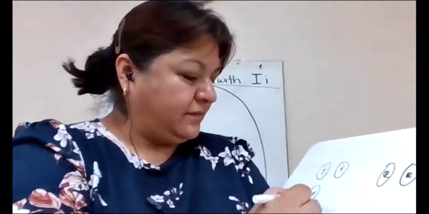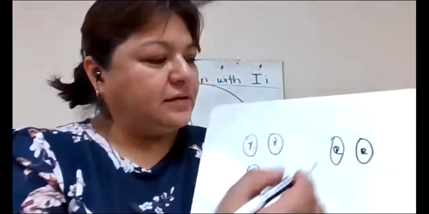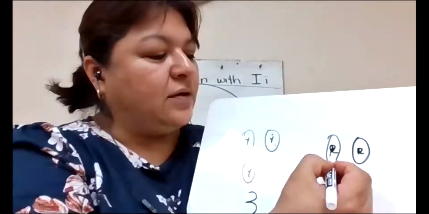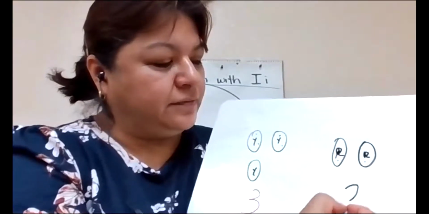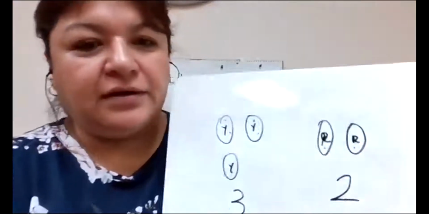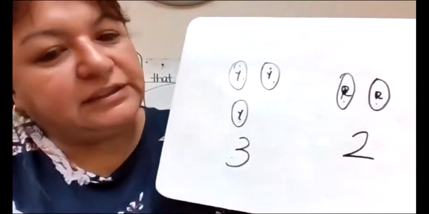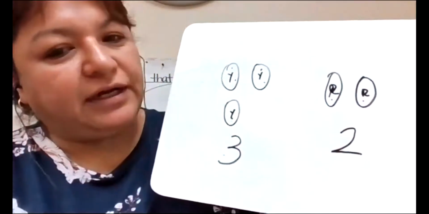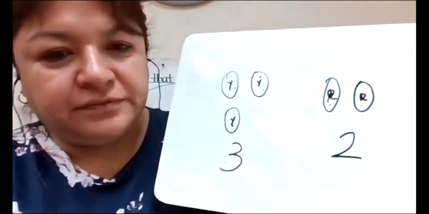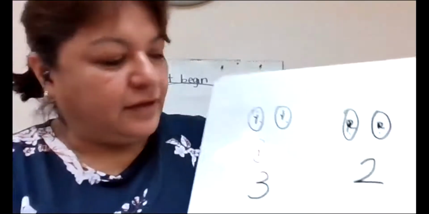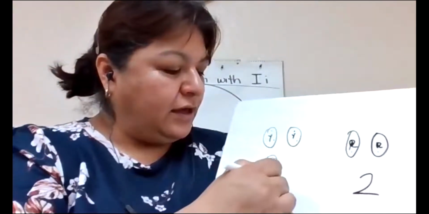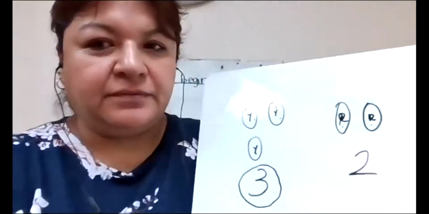So it's 1, 2, 3. Okay. I'm gonna count the red ones. 1, 2. Okay, Petra. Which of the 2 groups is greater? The 3 or the 2? The 3. How can we check our answer?